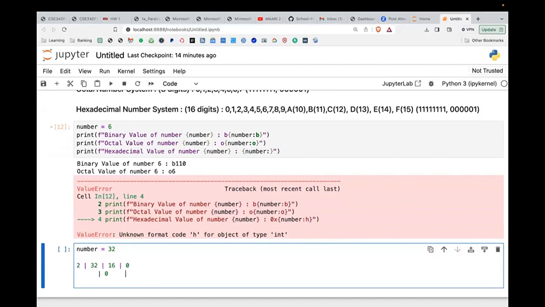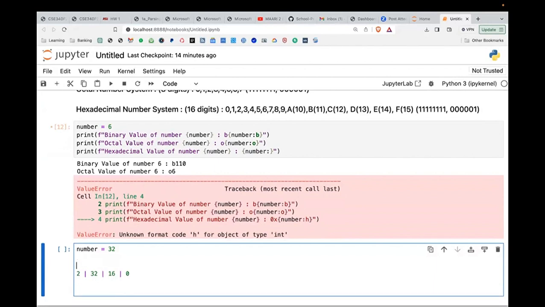What I am writing is the divisor, this is called the dividend, this is called the quotient, and this is called the remainder.